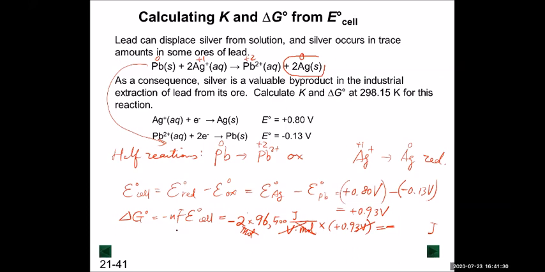And for the K, to find K, we need to use the knowledge from last chapter. That'll actually make it a little bit easier because delta G equals negative RT natural log K. So the K comes from this equation, from last week, the free energy change and the equilibrium constant equation.